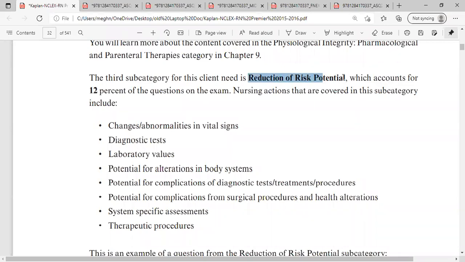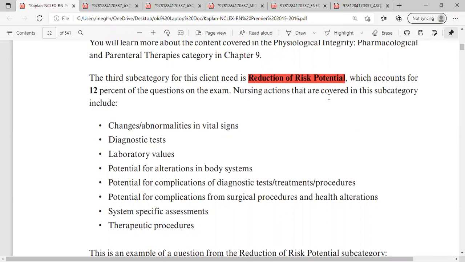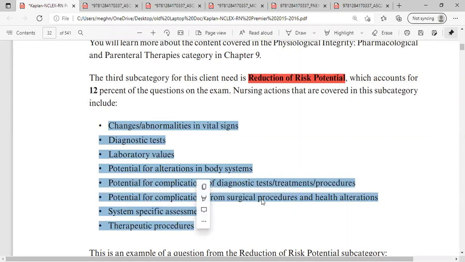So this is the other subcategory we will get questions from. Nursing actions covered in reduction of risk potential include changes and abnormalities of vital signs, diagnostic tests, laboratory values, potential for alteration in body systems, potential for complications of diagnostic tests, potential for complications of surgical procedures, system-specific assessment, and also therapeutic procedures. These are included in the risk potential.